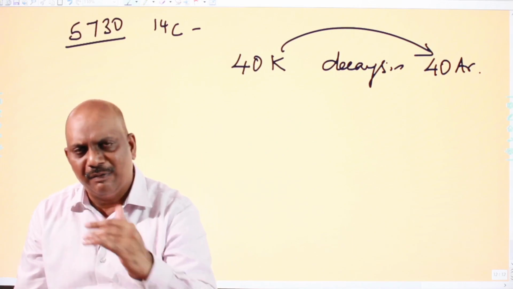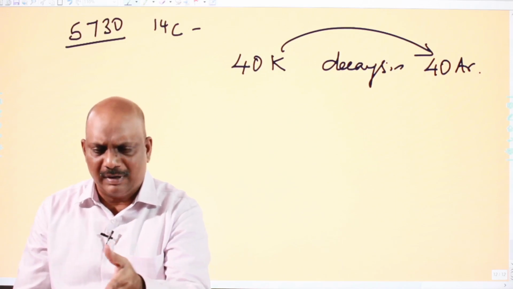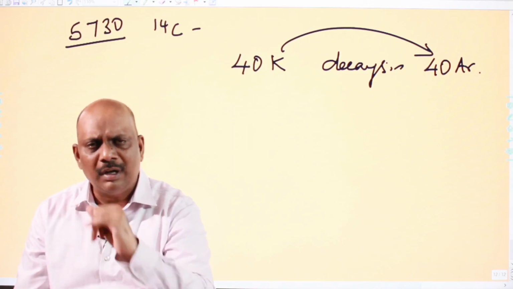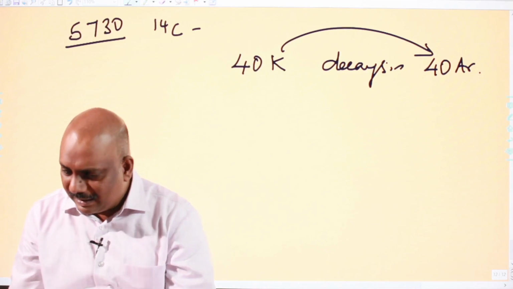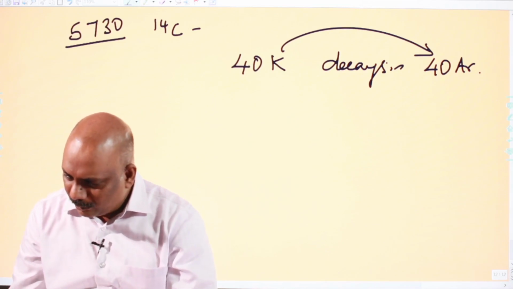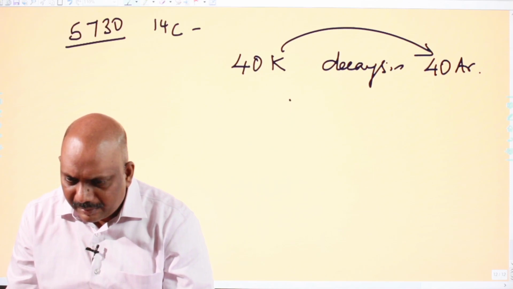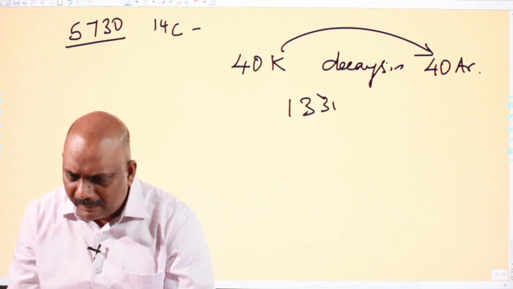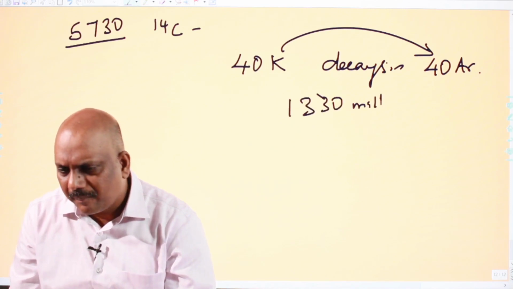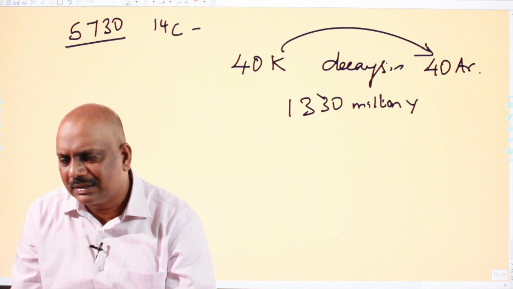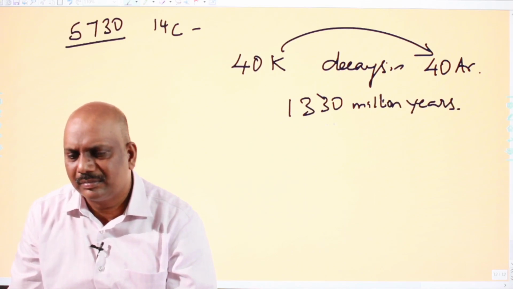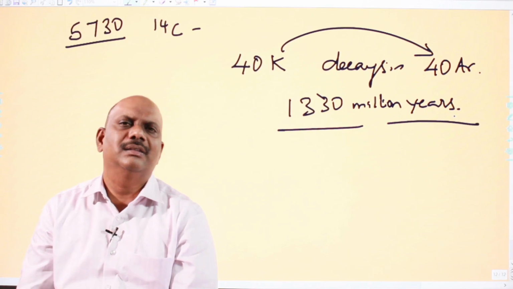The half-life, or the time for half of the 40K to decay, is close to around 1,330 million years.